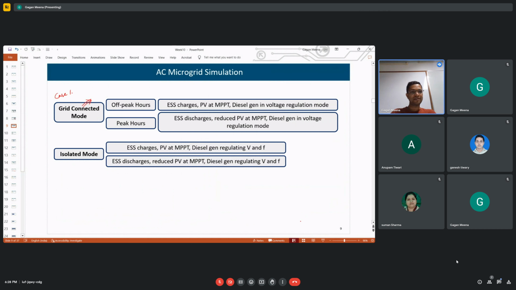Yes, sir. But who will check this SOC level? All these things will be done automatically. It is inside the control, because this microgrid will have a controller, right? So that will always be doing this check. The SOC of the battery will be checked and always compared. This algorithm is inside the controller.